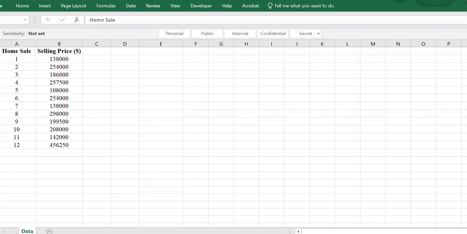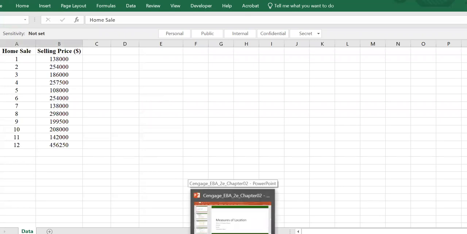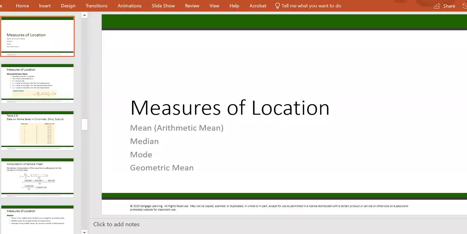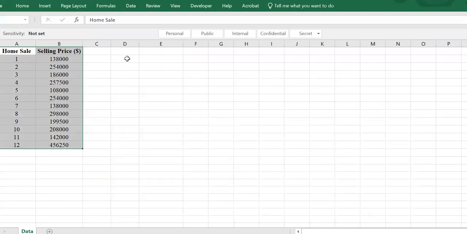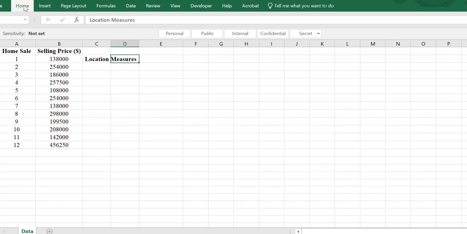I'm going to start with the location measures. We have the mean or average, we have median, and we have mode. I'm not going to talk about geometric mean for now, but let's just write down the list here.